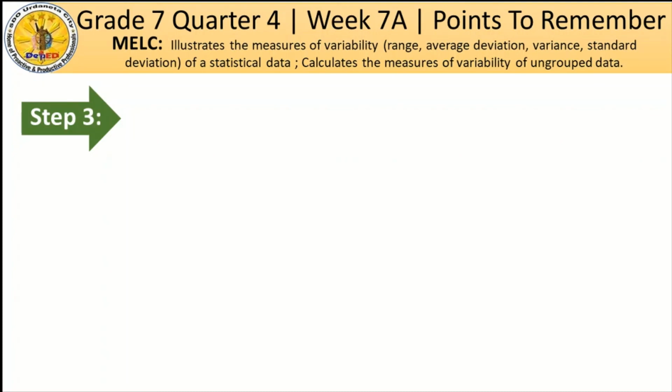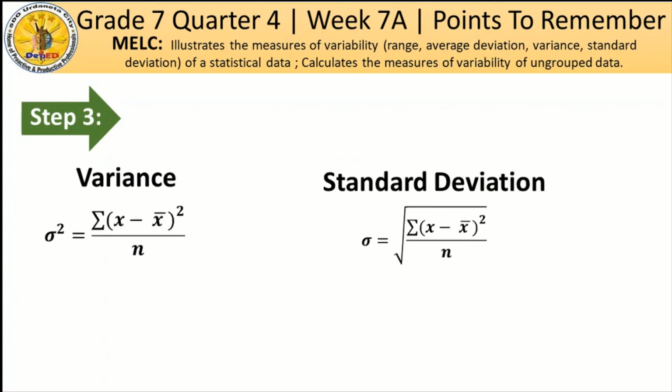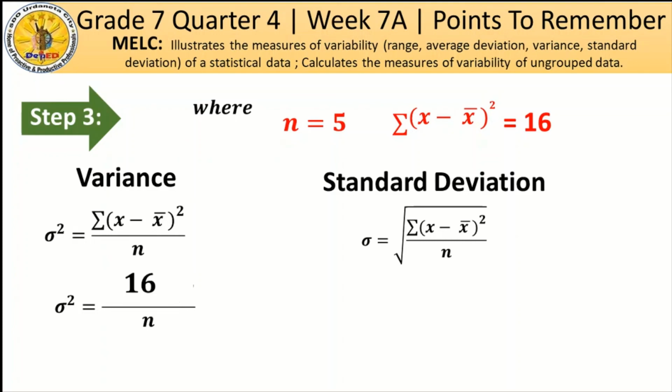Now, step 3. From the result of step 2, let us find the variance and standard deviation, where n is equal to 5 and summation of the squared difference of x and the mean is 16. Now, by substitution, variance is equal to 16 all over 5.